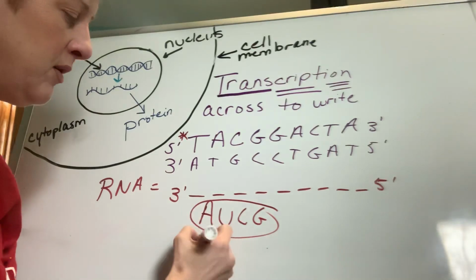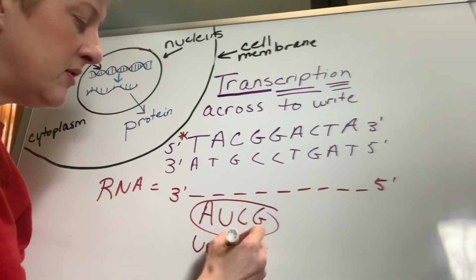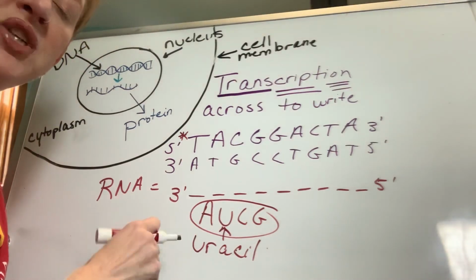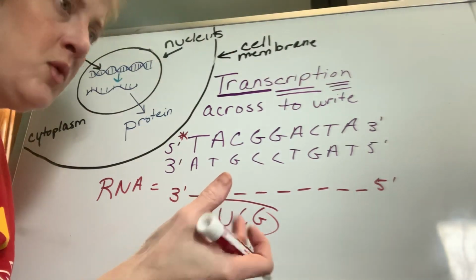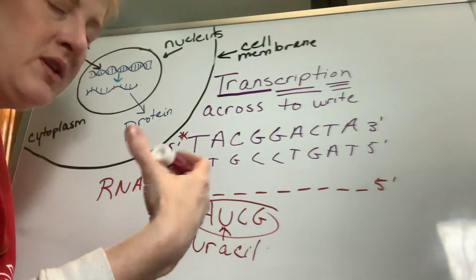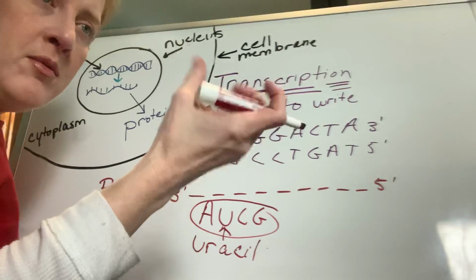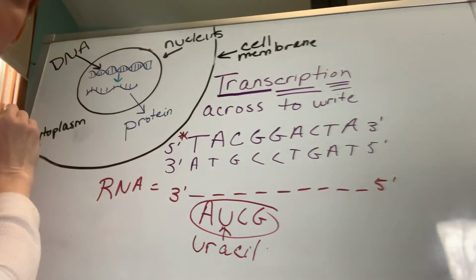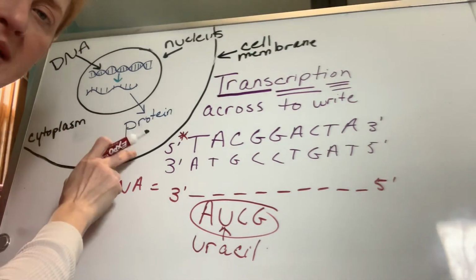We now use what is called uracil. Okay, that's that guy right there. By changing that base pair as well, we're now making the message even more short. All right, we're shortening it even more, so small enough that eventually we can exit the nucleus. And that's the goal, because we want to get here.